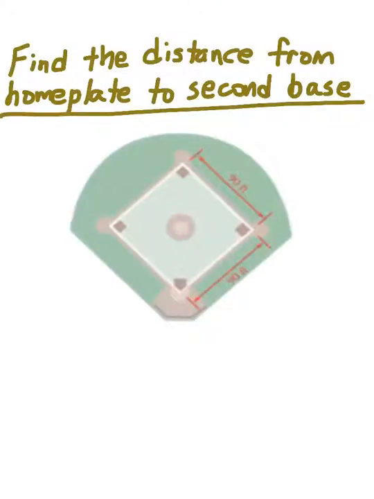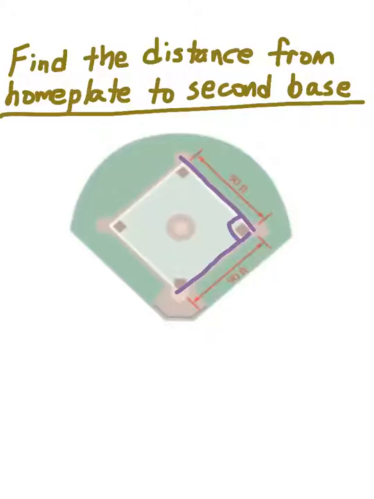And so this final problem, let's find the distance from home plate to second base, realizing that a baseball diamond is actually a square. This is a right angle right here. So you can think of home to first and first to second as the legs of a right triangle.